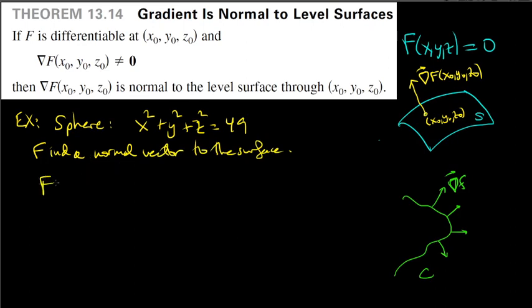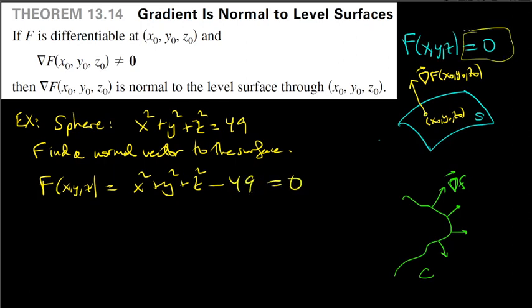Your capital F is x squared plus y squared plus z squared, and to make it equal to 0, subtract the 49 from both sides. That really doesn't matter that much. Take the gradient, and that will be normal to the sphere.